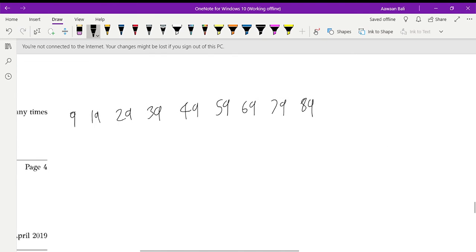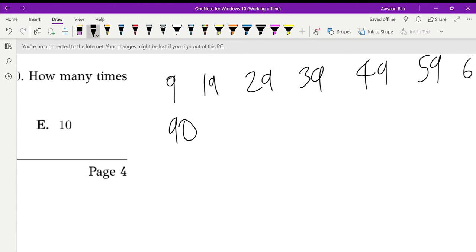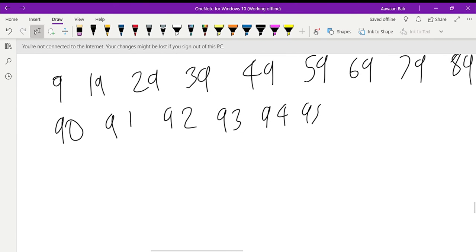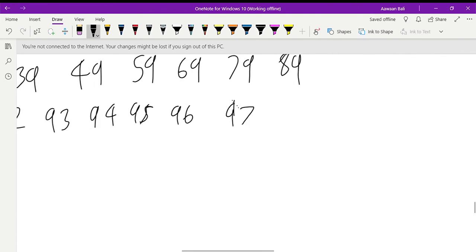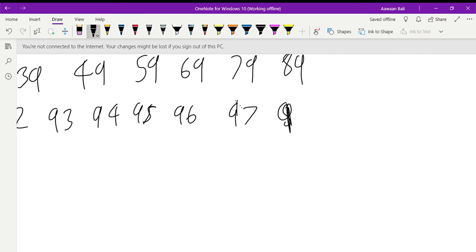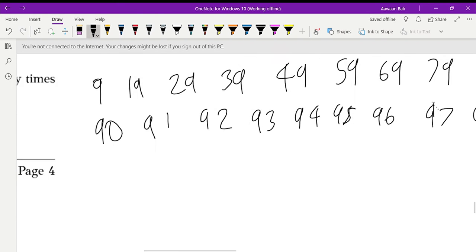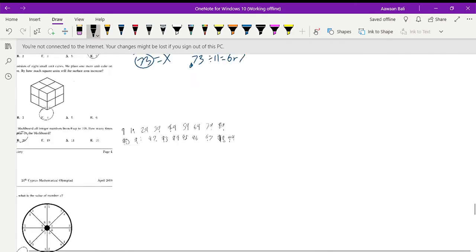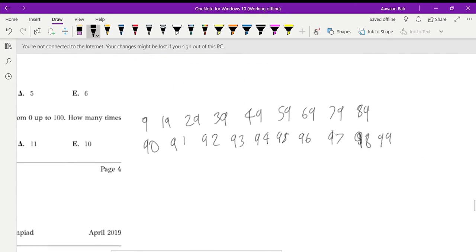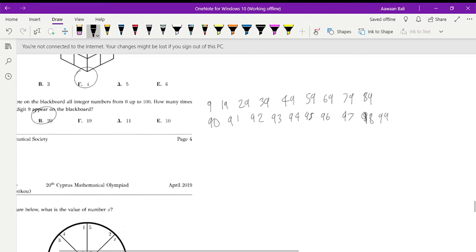And then we go to the 90s, which all have a 9 in them. So 90, 91, 92, 93, 94, 95, 96, 97, 98, 99. And then basically that would be all, because it's going from 0 up to 100.